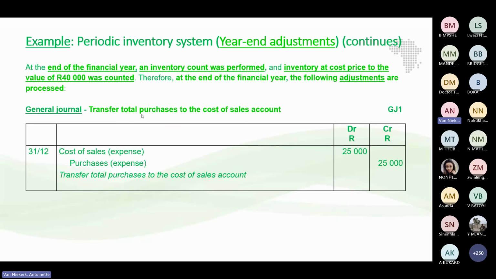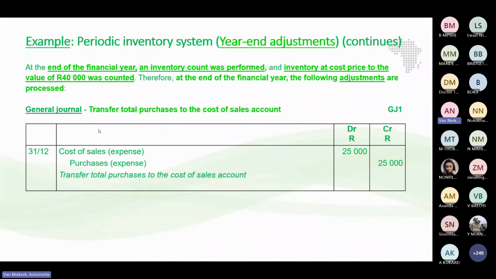Now remember you had purchases. They are saying you take your total purchases amount and you transfer it to your cost of sales account. Now, purchases is an expense. Okay? When an expense occurs, it increases on the debit side.